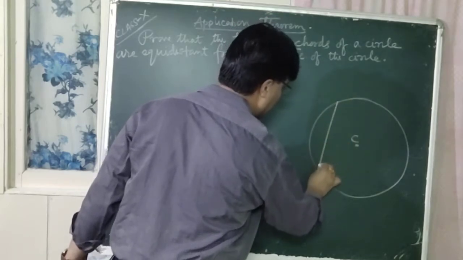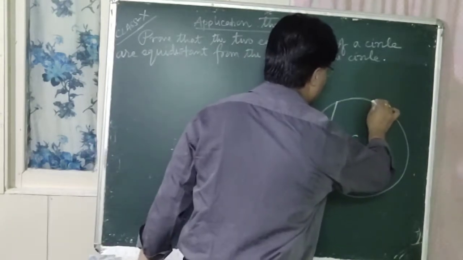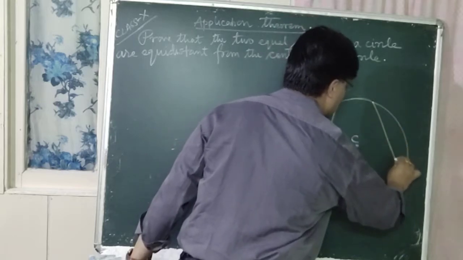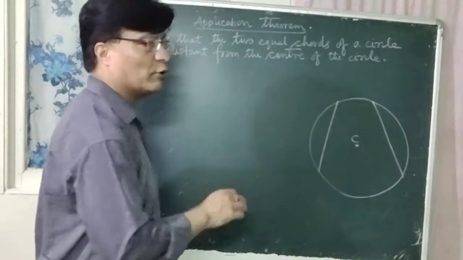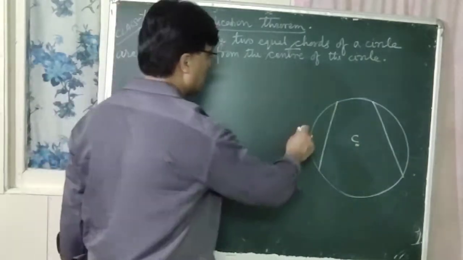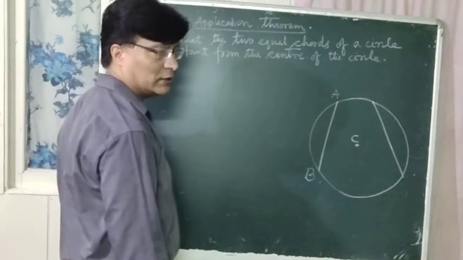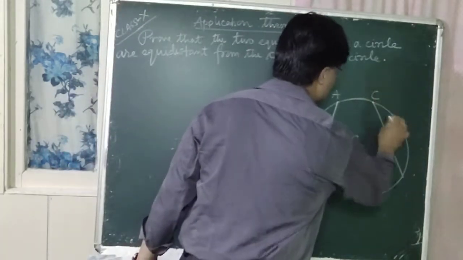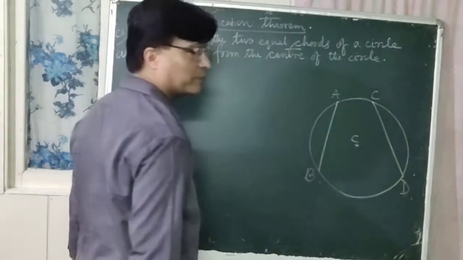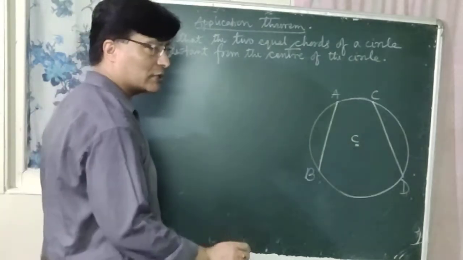We take any two points on the circle and join them. Suppose this AB is one of the chords of the circle. So CD is another chord, and these two chords are equal chords.